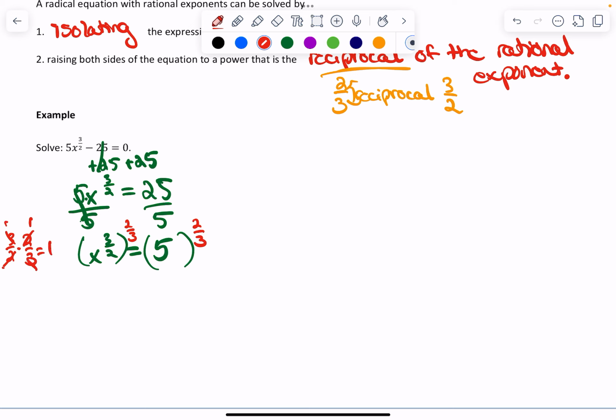So they cancel each other out. If you want, 3 times 2 is 6, 2 times 3 is 6, this is a 1. So either way, these cancel each other out, and we end up with x equals 5 to the power of 2 over 3.